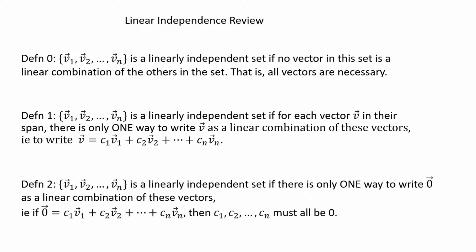So we can always write the vector 0 just as 0 times V1 plus 0 times V2 plus 0 times Vn. As long as there are no other ways of writing it as a linear combination, our set is going to be linearly independent.